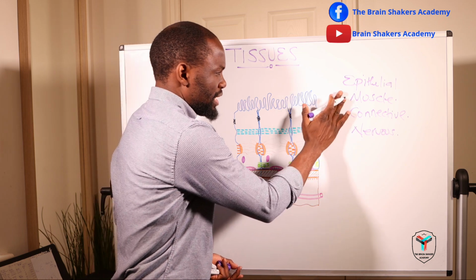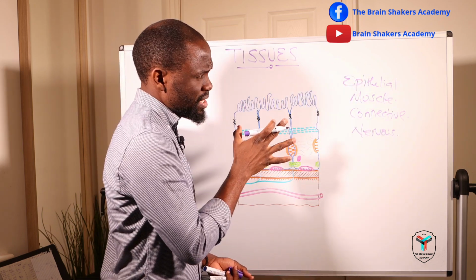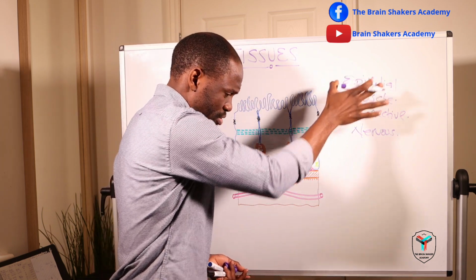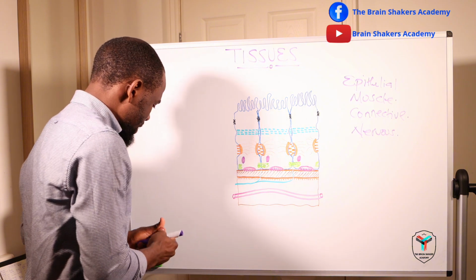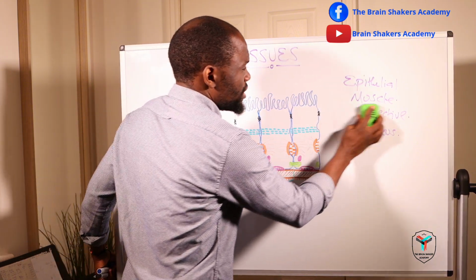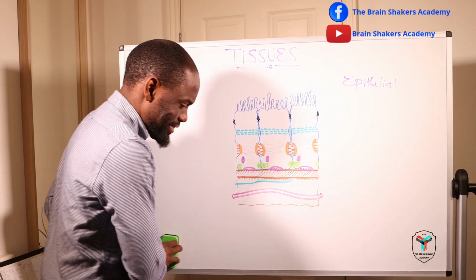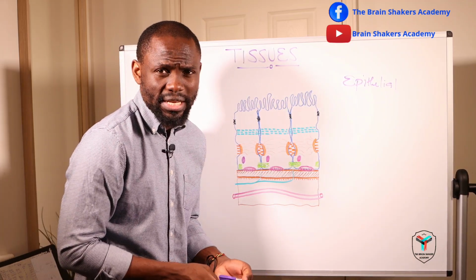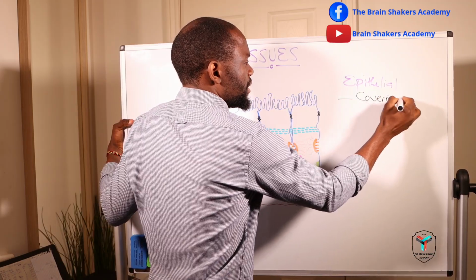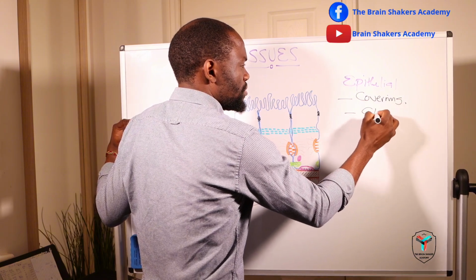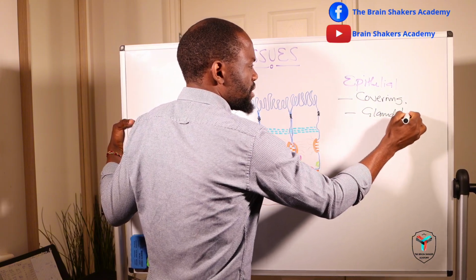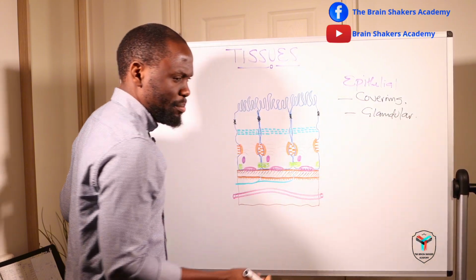Now, if we take out the 3 and 4, this particular session just delves into epithelial tissues and understanding what these epithelial tissues are. The epithelial tissues can be broken down into 2 forms: covering epithelia, and what we refer to as glandular epithelia.